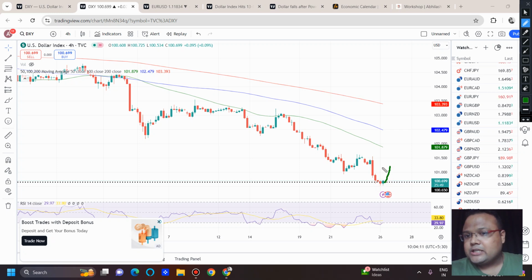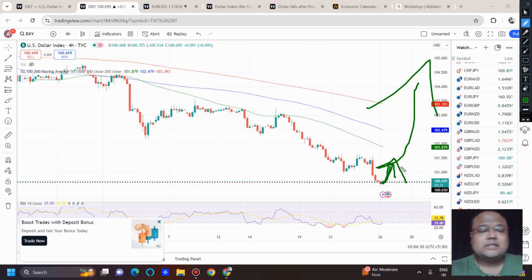During the day, if DXY tries to recover, do not consider it a trend reversal, because for a trend reversal we need big news, a big fundamental factor. Without any fundamental factor, there is no possibility of a trend reversal. So whatever happens here, it will be just a normal temporary recovery. Plan your trades accordingly.